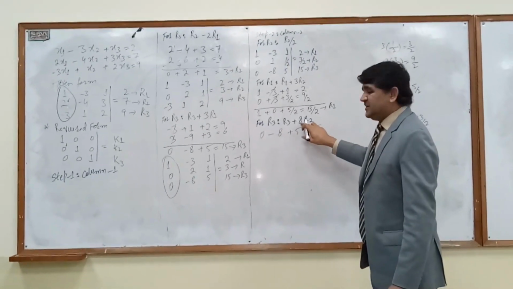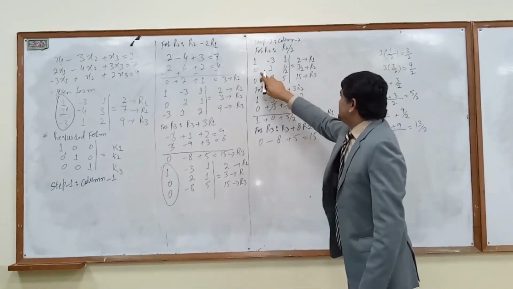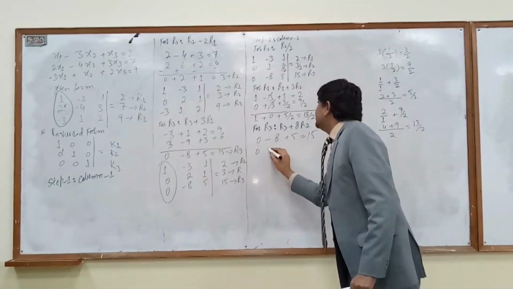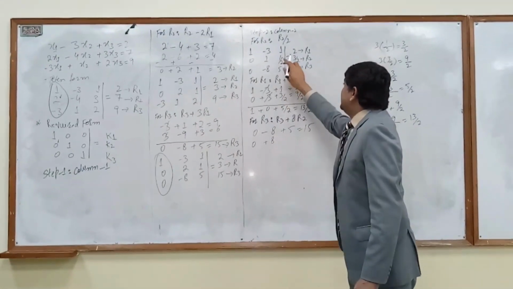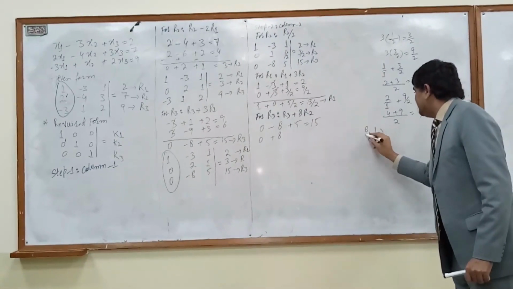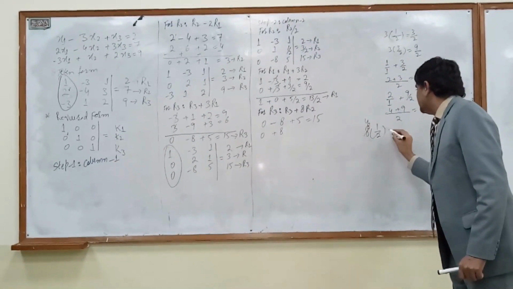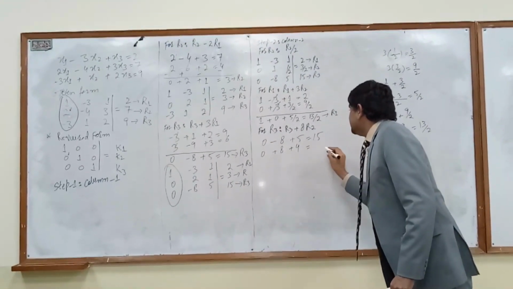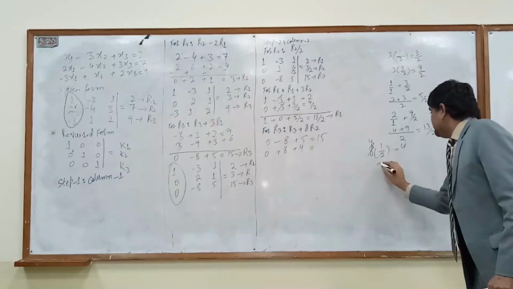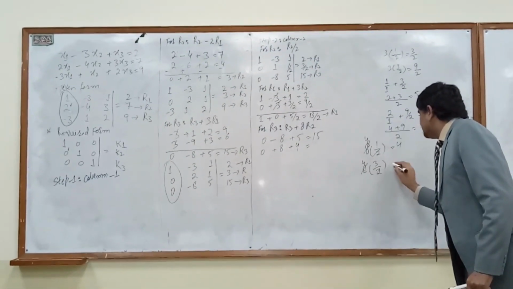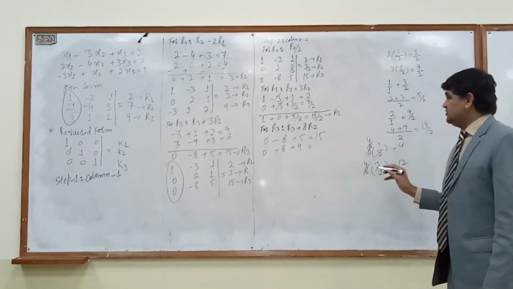Then R2 is going to multiply with 8. 0 multiplied by 8 is 0. 1 multiplied by 8 is 8. 1 by 2 multiplied by 8 is 4. 3 by 2 multiplied by 8 is 12.